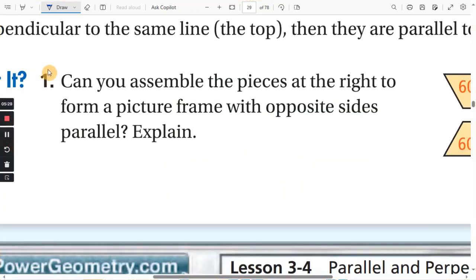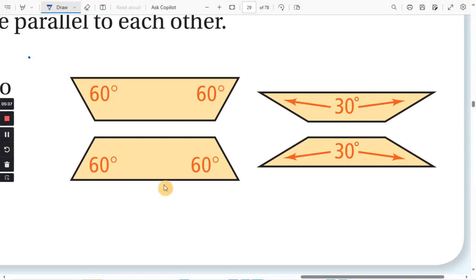All right, so let's look at Got It problem 1. Can you assemble the pieces at the right to form a picture frame with opposite sides parallel? Let's see. So think about how we would orient or arrange this in order to make opposite sides parallel. This 30-degree angle right here would have to match with this angle right here.